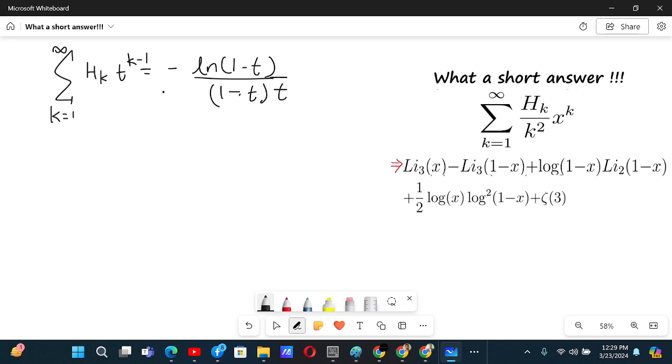Fine. Now let's integrate this from 0 to x. Now what do we get? Over here it's easy: the sum from k equals 1 to infinity of H_k x to the power k by k, isn't it?